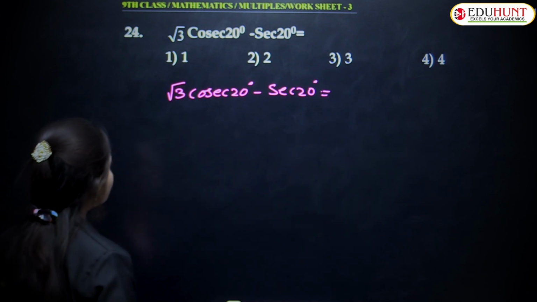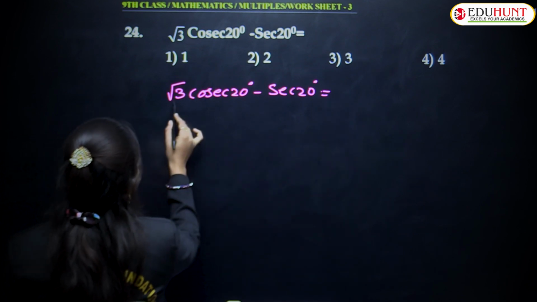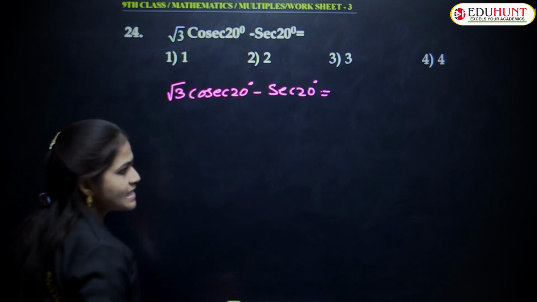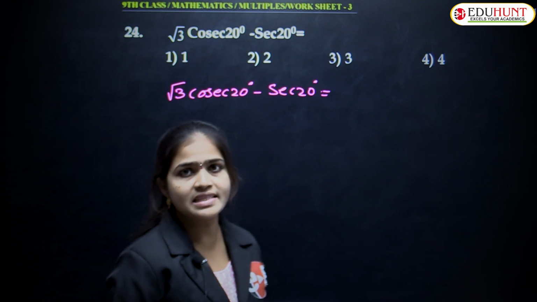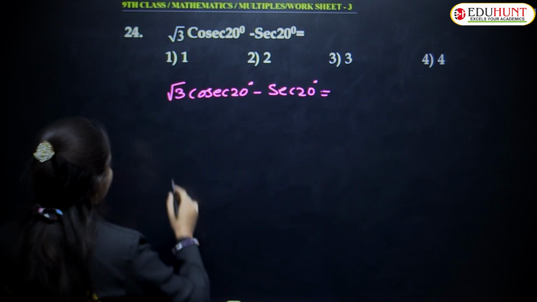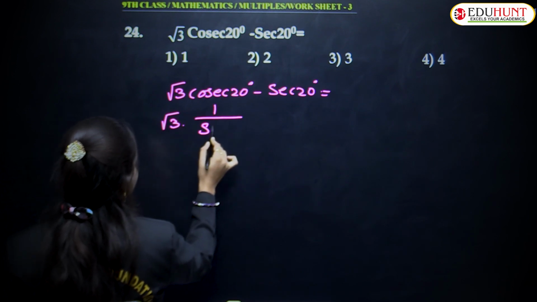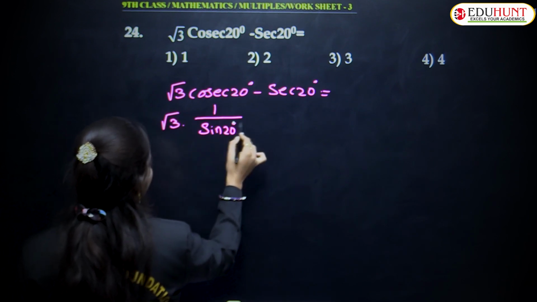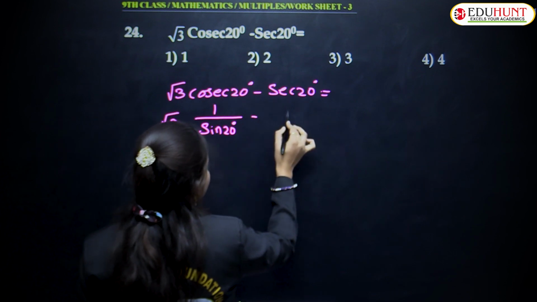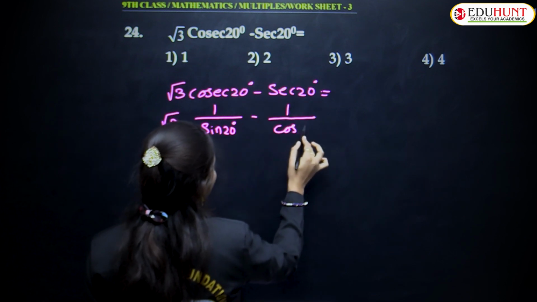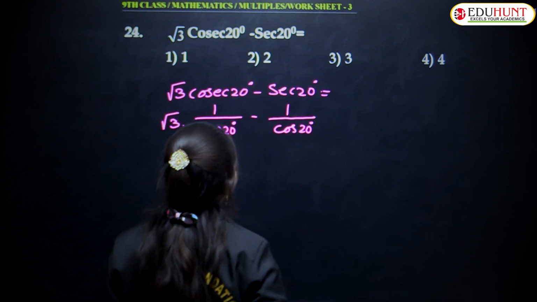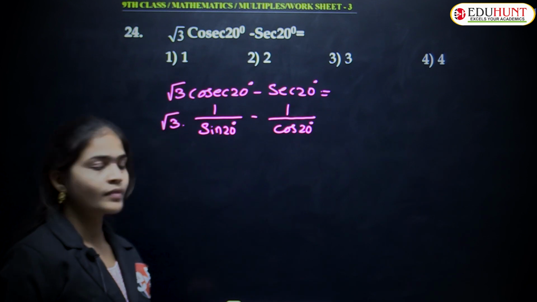Understand? So first I want to write this as root 3 cosecant 20 degrees. Is there any formula like this way? Formula is not there. So that's why root 3 into cosecant I want to write as 1 by sine 20 degrees, minus, and secant we can write as 1 by cos 20 degrees. Shall we write like that? Okay.